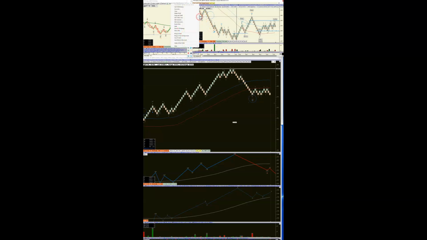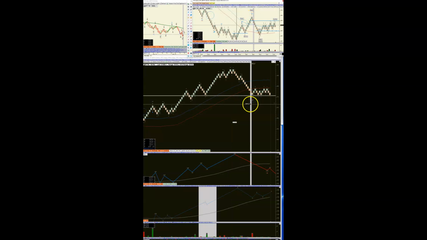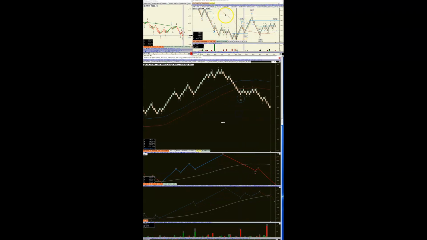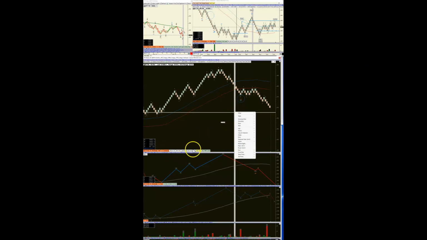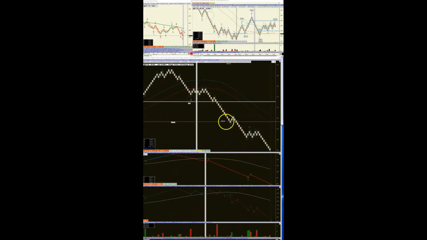Right there. See this breakdown where I've circled? That gets tested. As it gets tested, you have selling. So relative to that, you can now say, because it's coming off of a higher time frame resistance level, the likelihood of this being a change of behavior increases. It goes down.